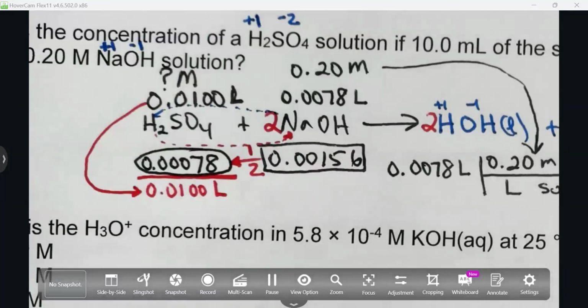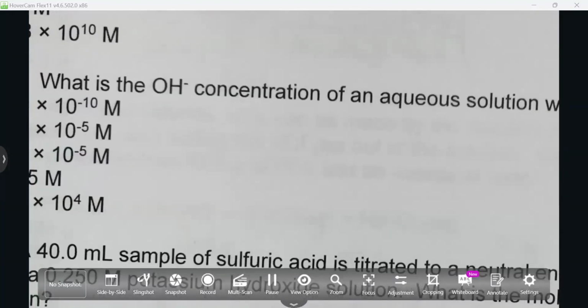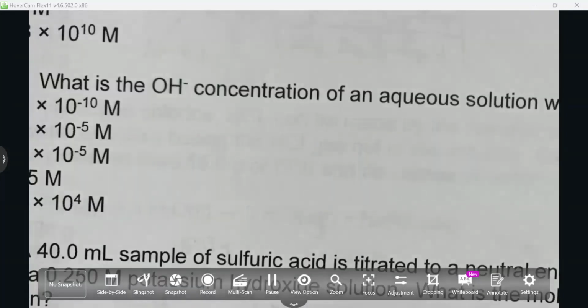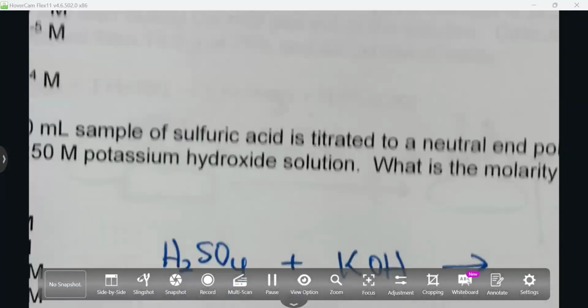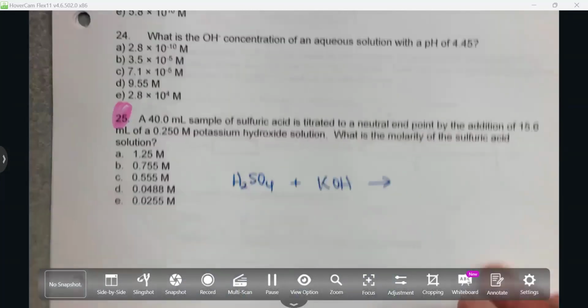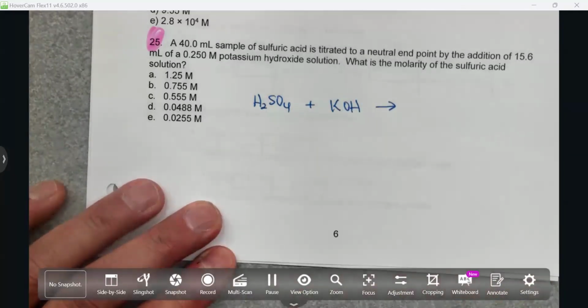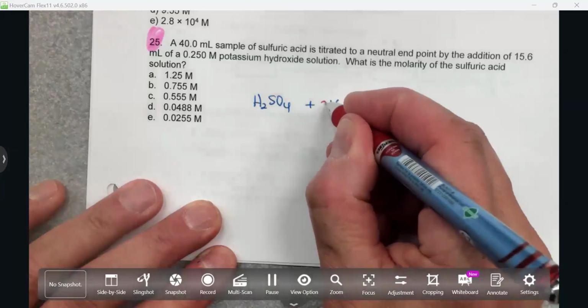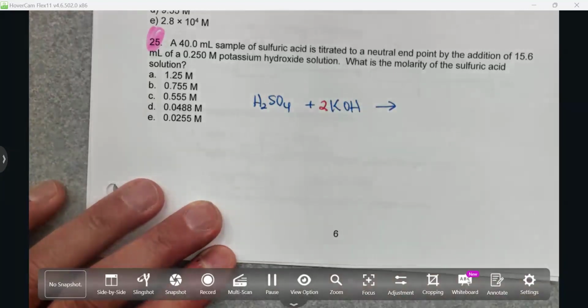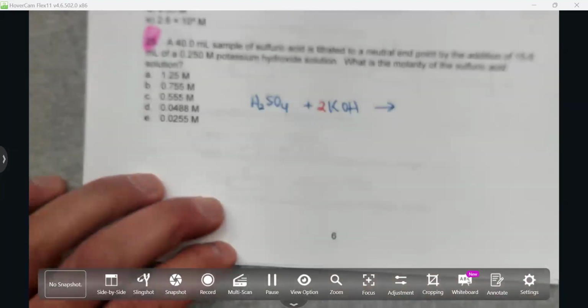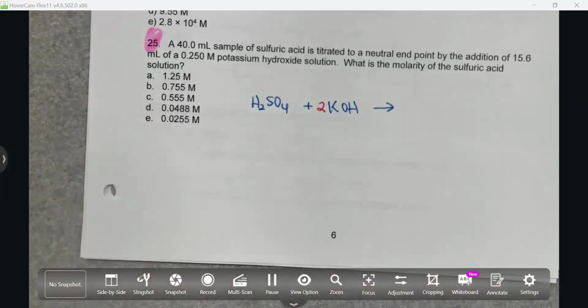25 is pretty much exactly the same, except it's KOH. The last problem is exactly the same. It's going to take a 2 to balance it. And you set up 25 the same exact way as 22.